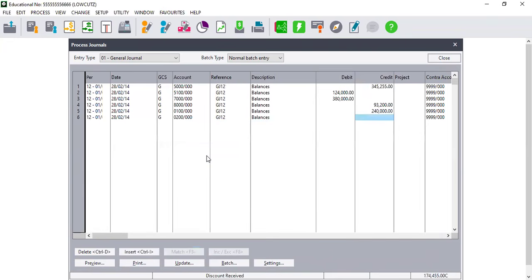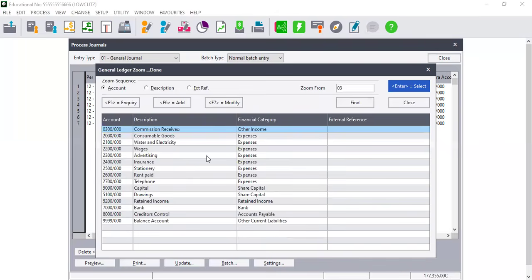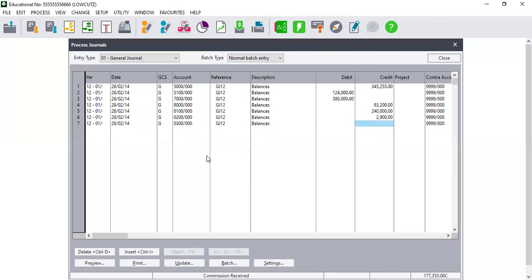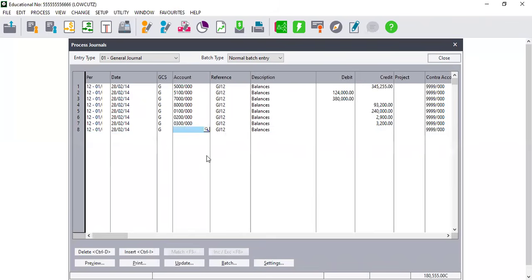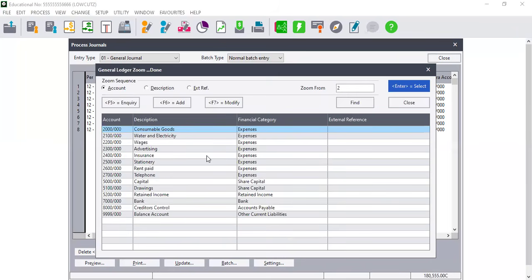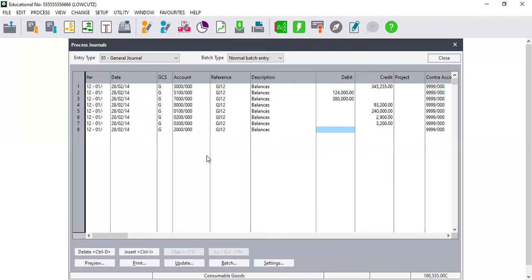Discount as well, they are credited. Then all the expenses will be debited, all the expenses, 26,000.